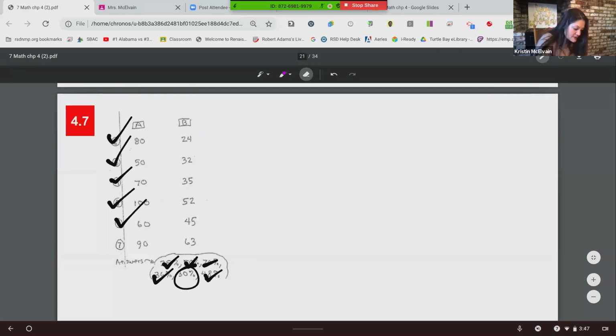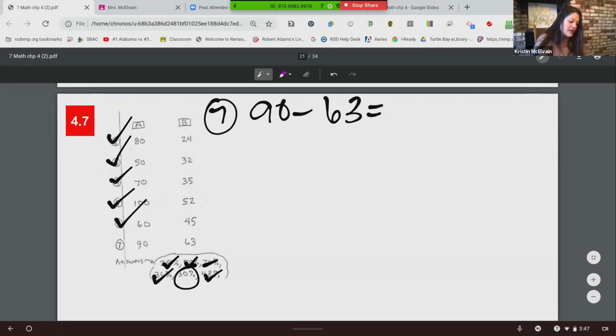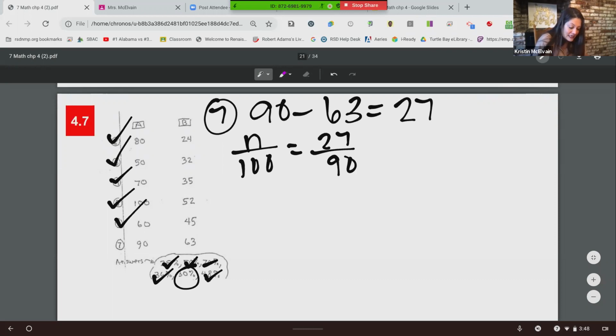All right, number 7. We have 90 fluid ounces. We spilt 63. That's going to leave us with 90 minus 63, 27 fluid ounces left. What percent is 27 out of 90? Cross multiply.